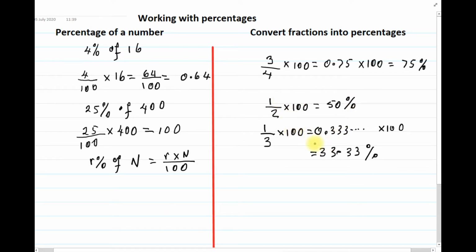So to give it a generalized formula, if I have a fraction a over b, if I multiply it by 100, it becomes a percentage.